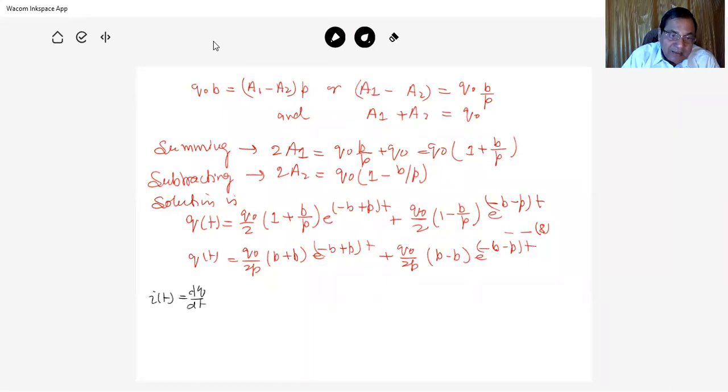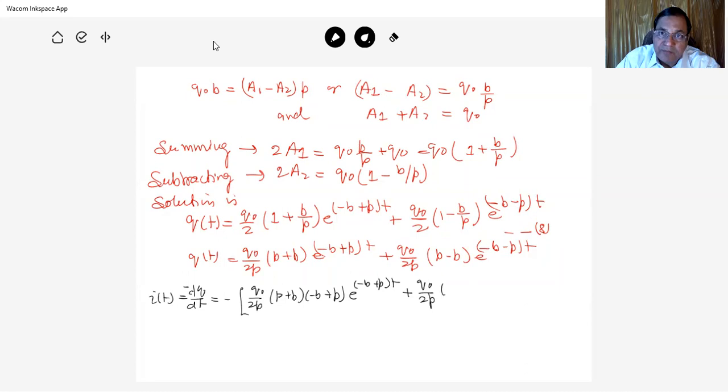dq by dt। I t लेना चाहते हैं तो ये होगा with minus sign, तो ये माइनस, इसको डिफरेंशिएट करना है। q0 by 2p, this is p plus b into minus b plus p e raised to the power minus b minus p of t plus this is q0 by 2p into p minus b into minus b minus p e raised to the power minus b minus p of t.